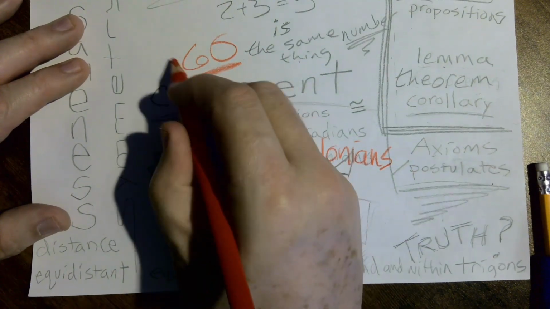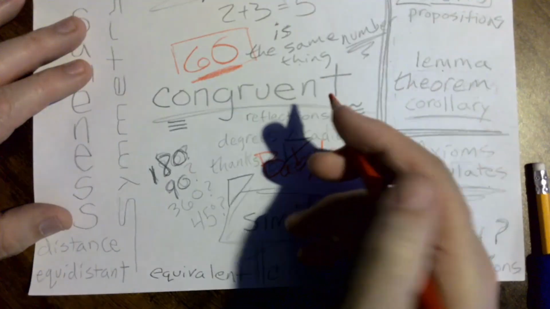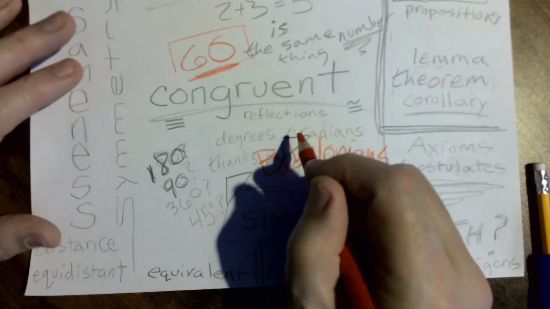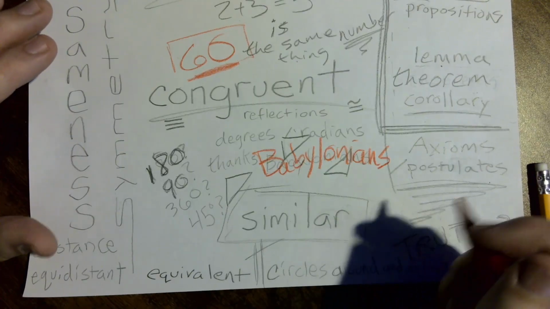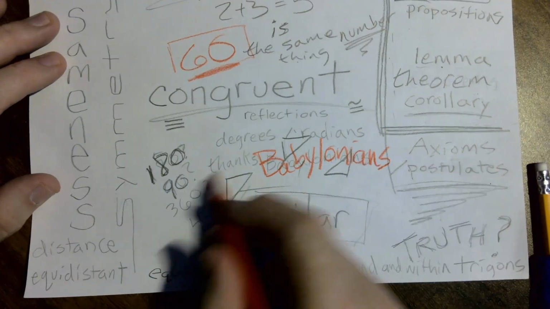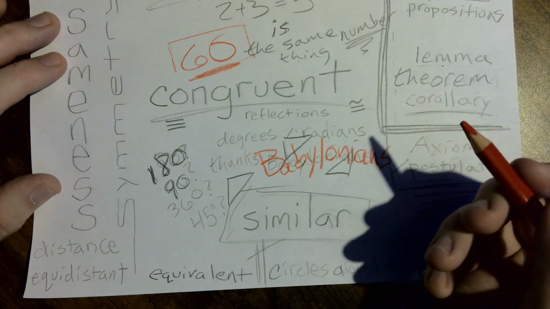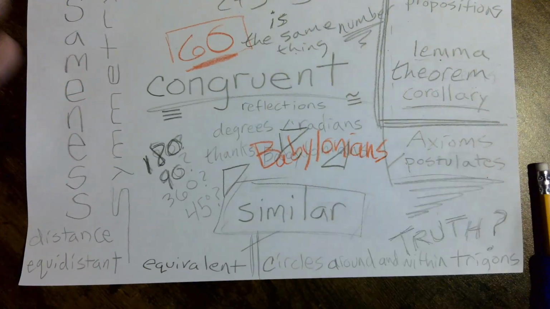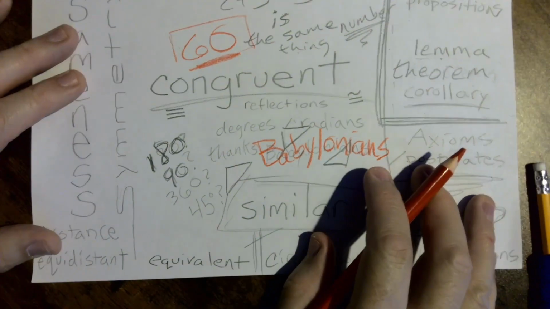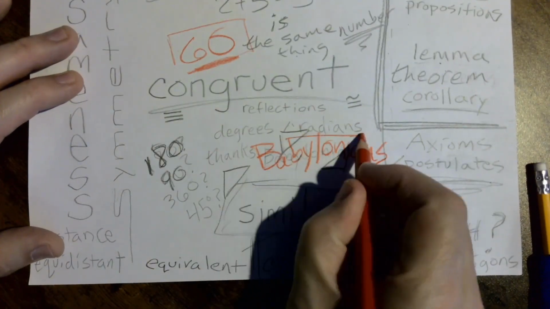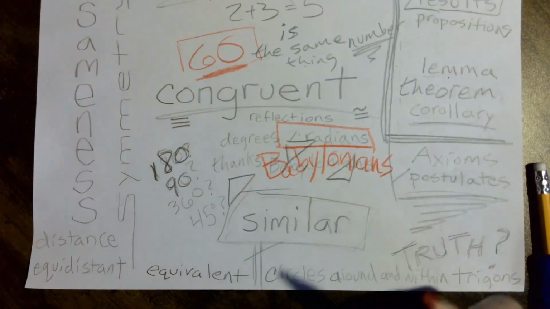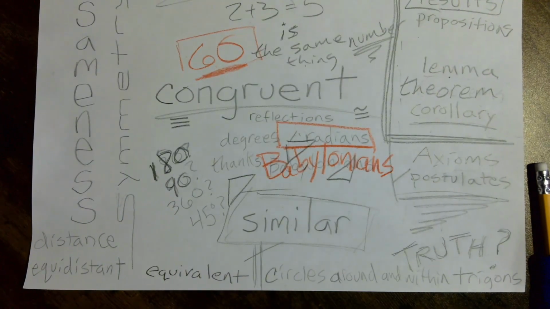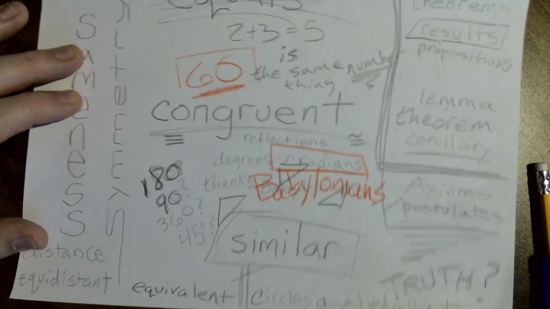So all their big chunks of numbers, or their counting, was done with 60 being their kind of lucky number. So that's the reason for 180 and 360, 45 degrees. Nothing special about those. Radians are a way to use real numbers instead of a system like the Babylonians used to measure circles or angles.